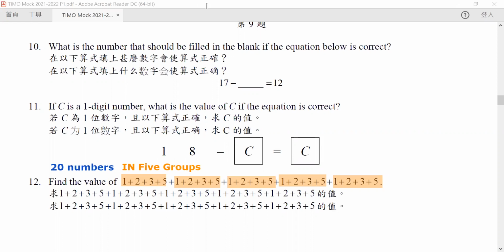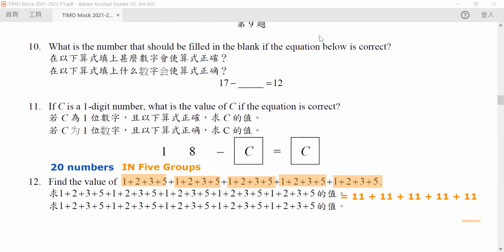So you can try to add the numbers within the same group first before you calculate the total sum. Now for 1 plus 2 plus 3 plus 5, the answer is equal to 11. So this question is equivalent to asking you what is the value of the sum of 5 elevens together, okay?